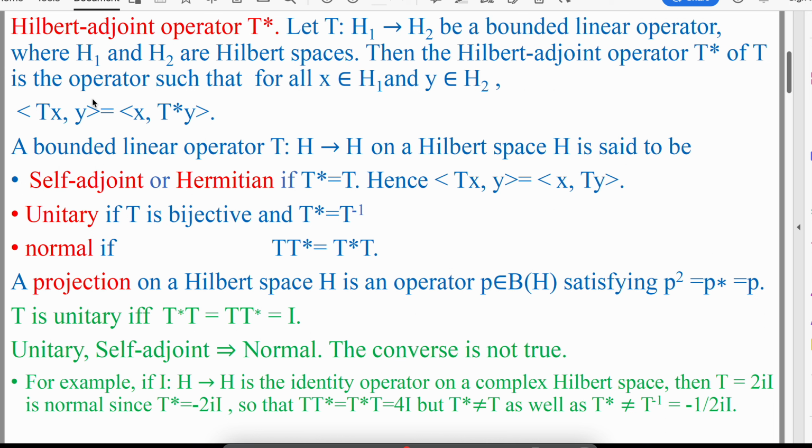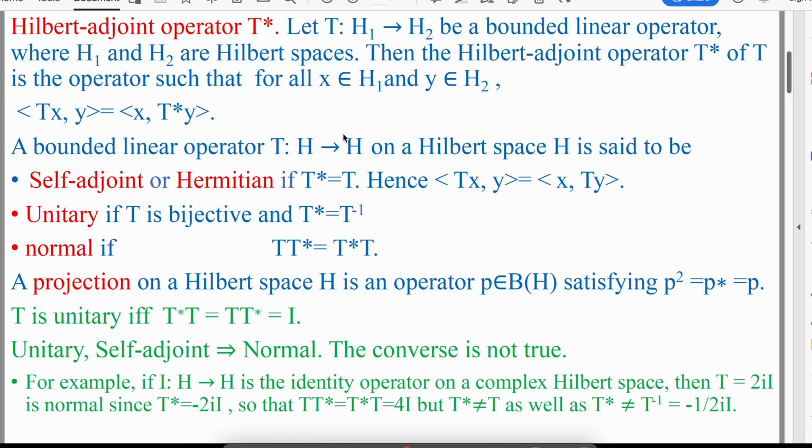And if instead of two Hilbert spaces we consider a Hilbert space H, then a bounded linear operator T from H to H is said to be self-adjoint if T star is equal to T. And in this case, the inner product of Tx with y is equal to the inner product of x with Ty, because T star equals T.